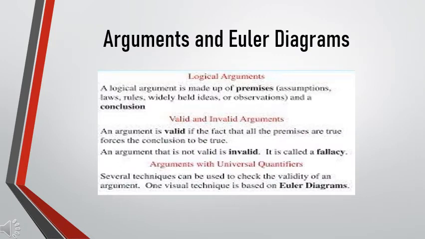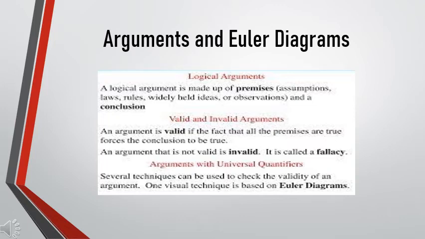Arguments and Euler diagrams. Logical arguments. A logical argument is made up of premises, assumptions, laws, rules, widely held ideas, or observations, and a conclusion. Valid and invalid arguments.